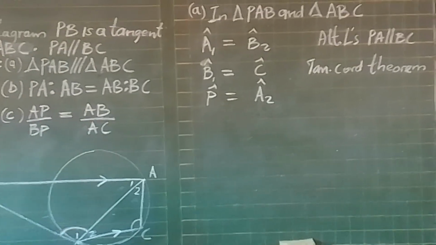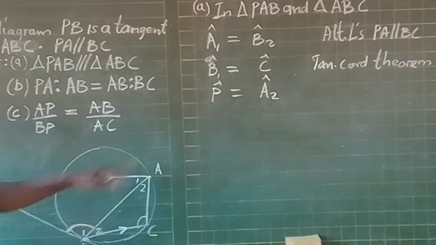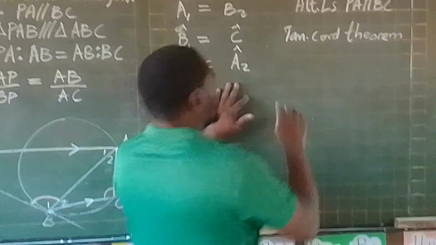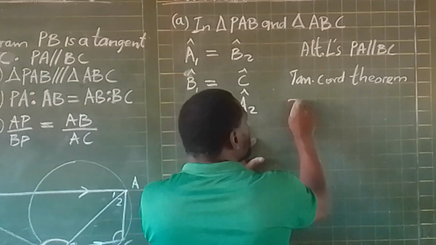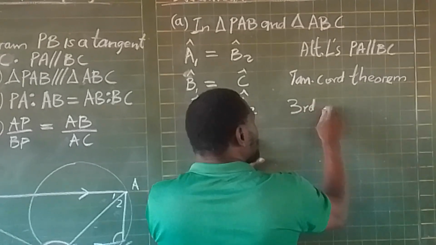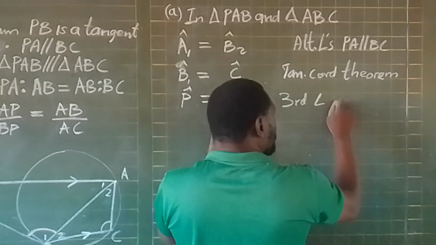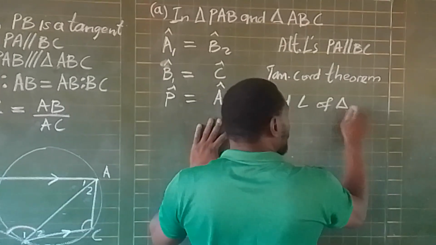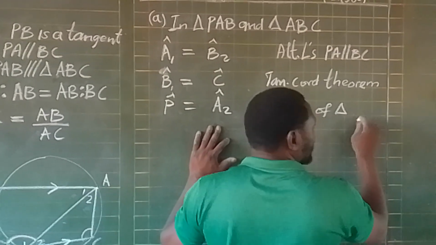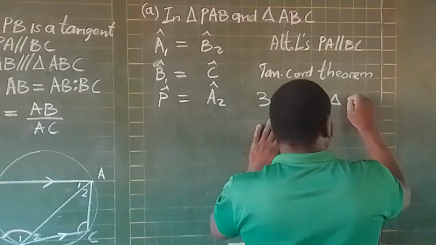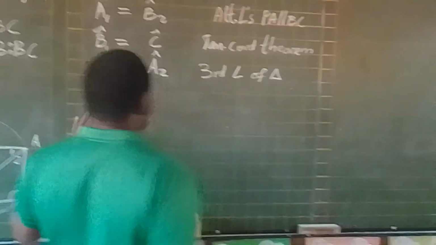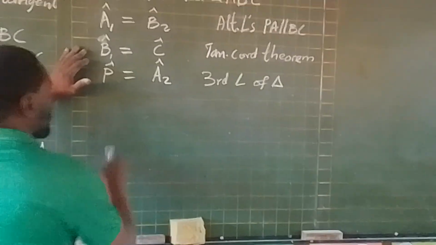I don't need a reason for that. The reason is automatic: the third angle of a triangle is automatically equal.